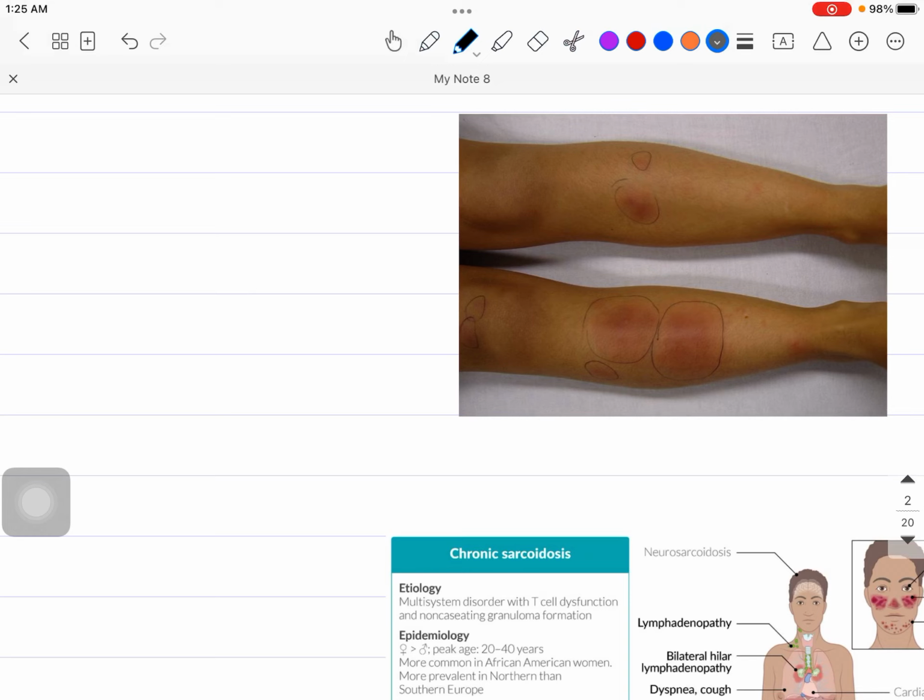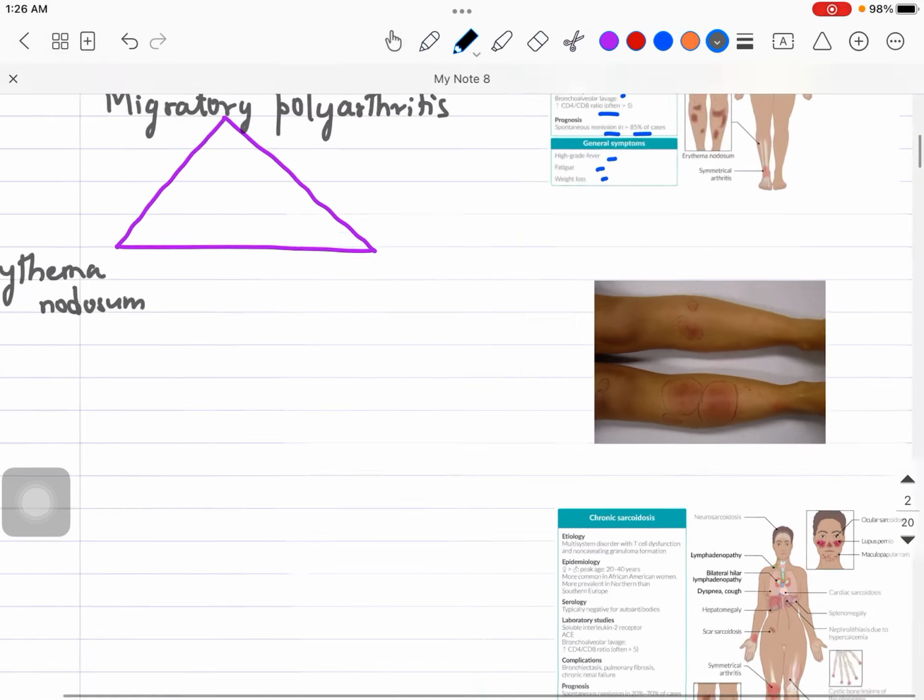The marked lesions with the black boundaries which they are denoting. These red color lesions are over the skin. Erythema means red color, and nodosum means nodule. Red color nodules can be seen over here, right?